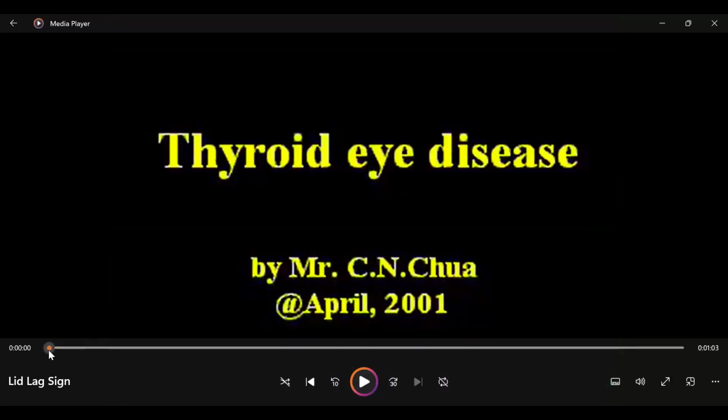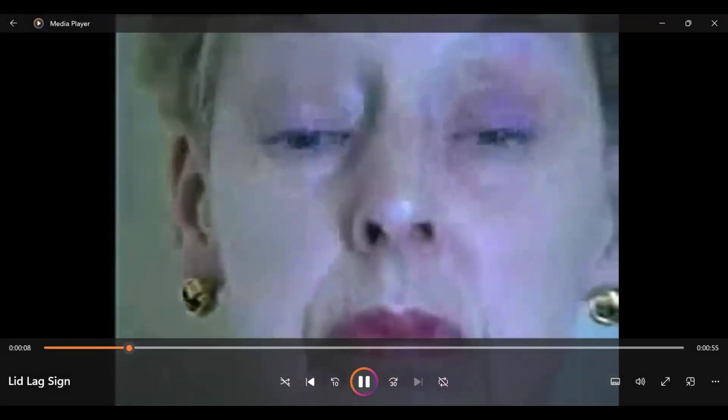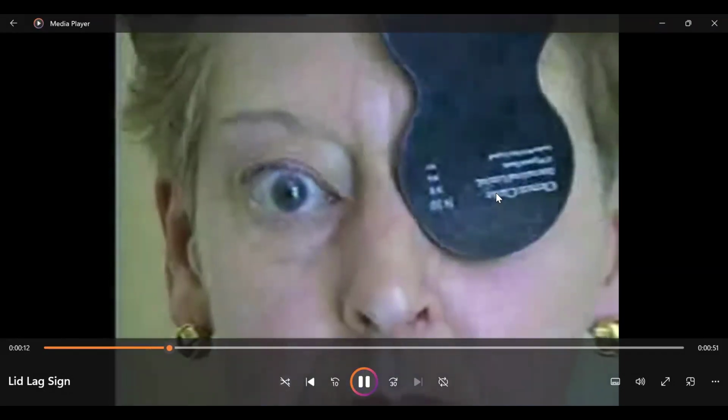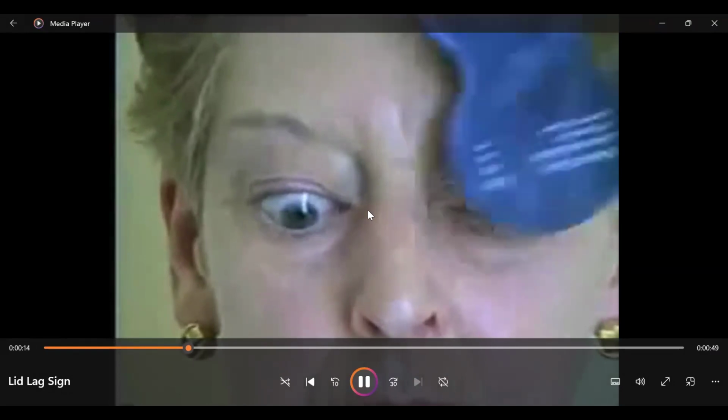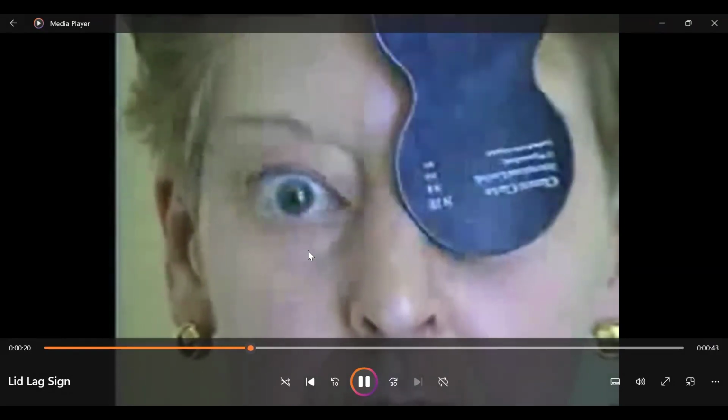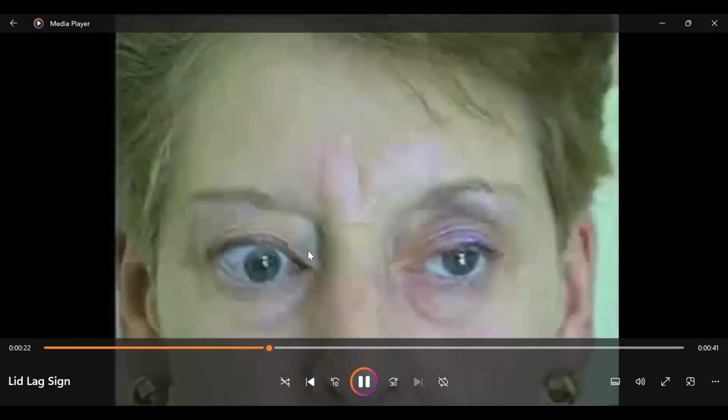Yes. Okay, so here the patient is wearing eyeglasses, right? The doctor asks the patient to remove the eyeglasses and concentrate on the right eye, please. You see, here the doctor is examining one eye at a time. You see, when the patient is looking down, this eye is normal, but this eye, there is lid lag, right?